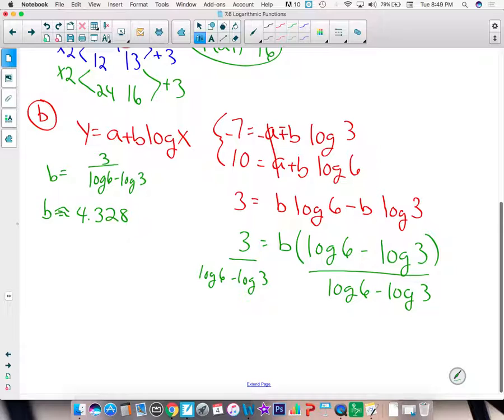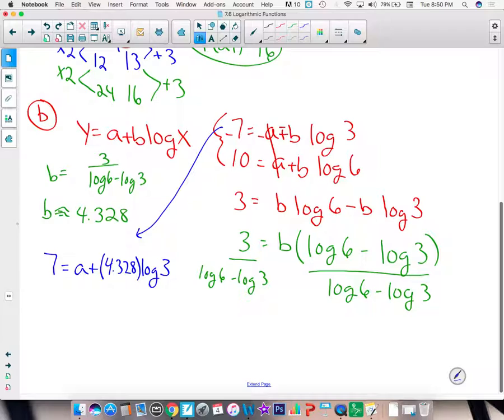So now what do you think we do to find a? Yes, we're going to use b and plug it into our equation. I'm going to use the first one because it has smaller numbers. So, plugging it in here, I have 7 equals a plus 4.328 log of 3.